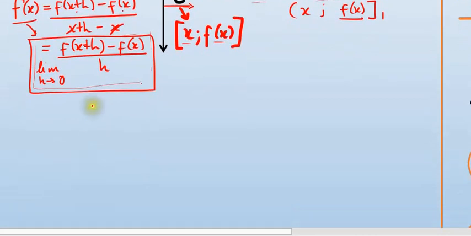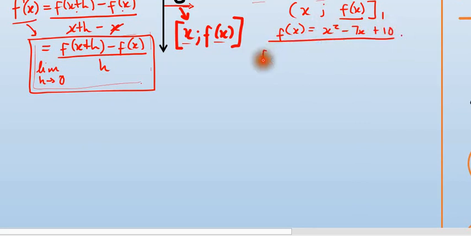Now you would remember that we are coming from an equation of f of x is equal to x squared minus 7x plus 10. So let's solve our gradient equation.